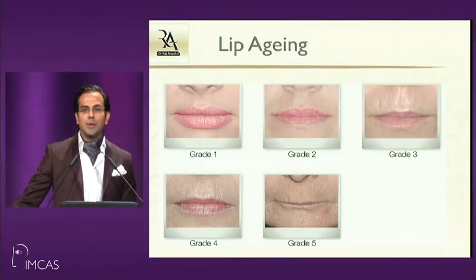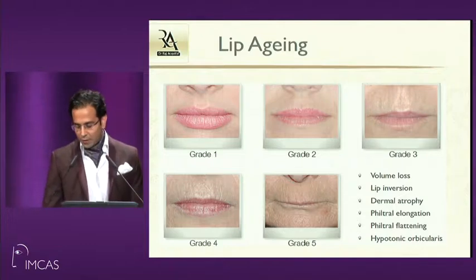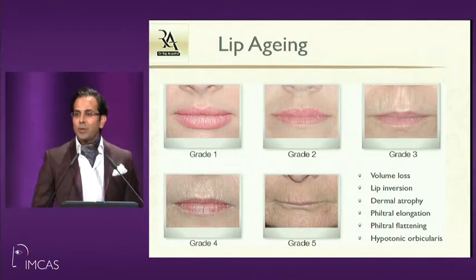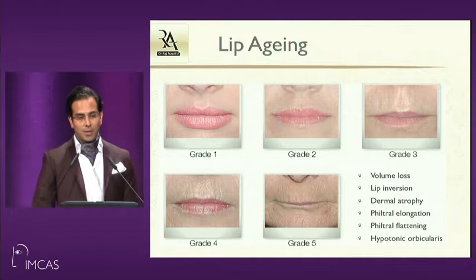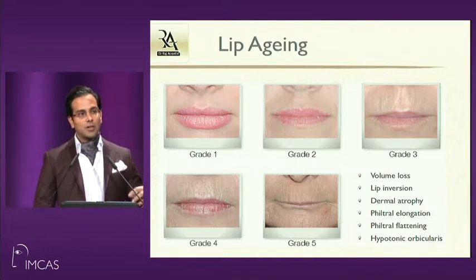And what happens when the lip ages? Well, I was involved in the scientific evaluation of Juvederm Volbella in 2011. And what we did was we graded the lip using a validated scale 1 to 5, but it also corresponds to aging of the lip. You can see here that during lip aging, there's an inversion, a closure of the lip, thinning and narrowing.